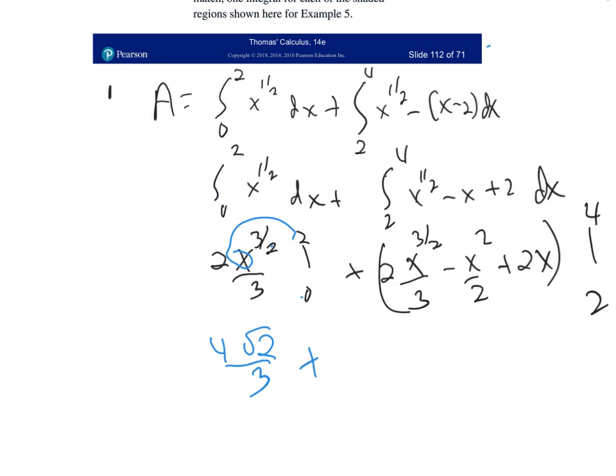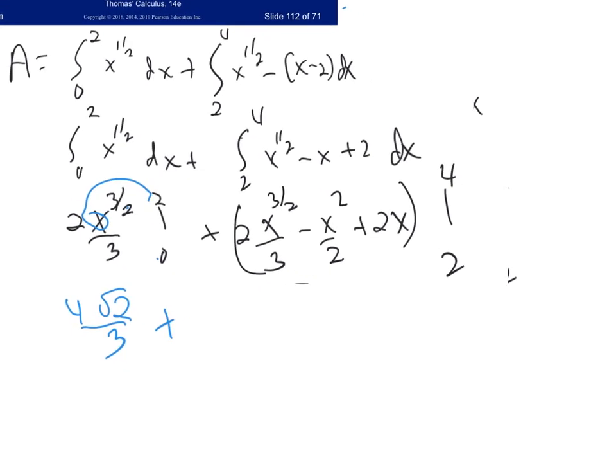Plus, all right, I'm going to plug in the 4. If I plug in a 4 here, square root of 4 is 2. 2 cubed is 8. 8 times 2 is 16 thirds.